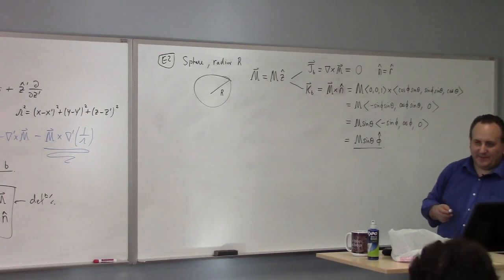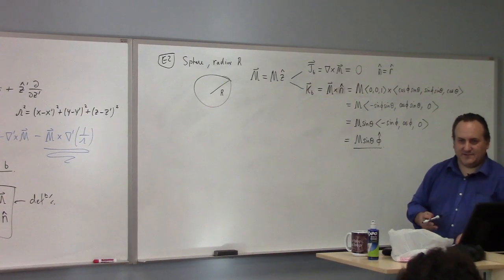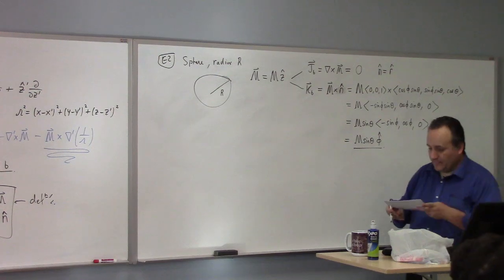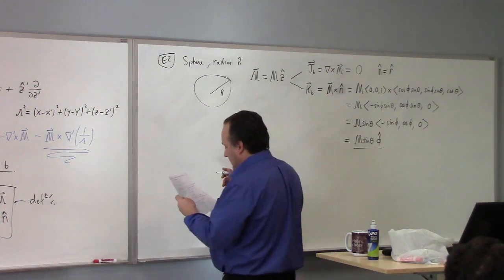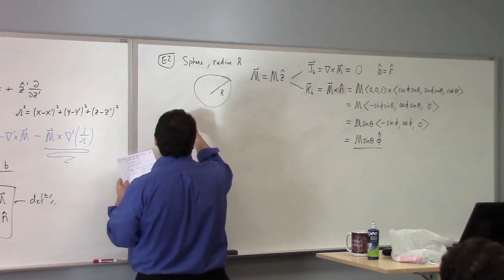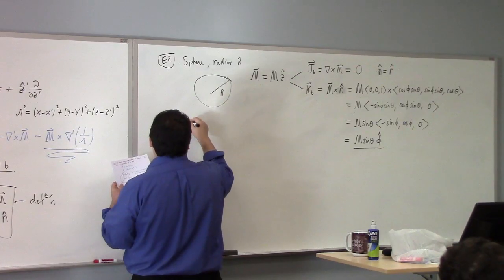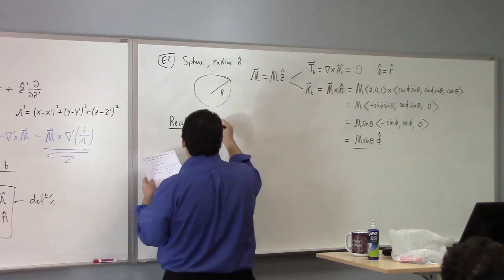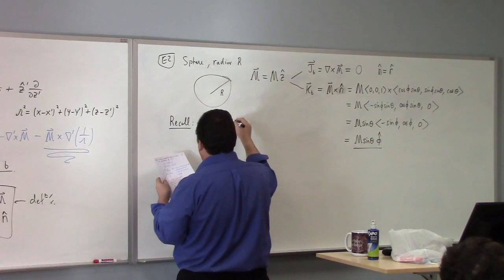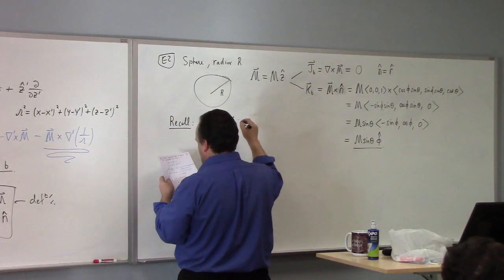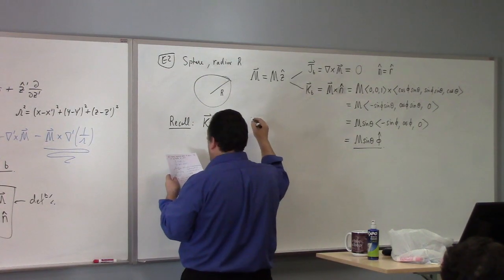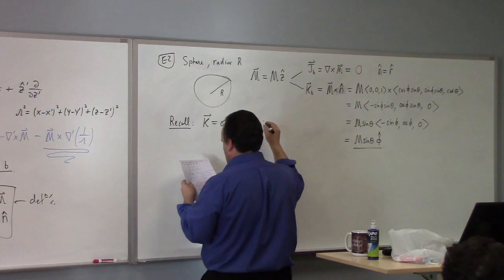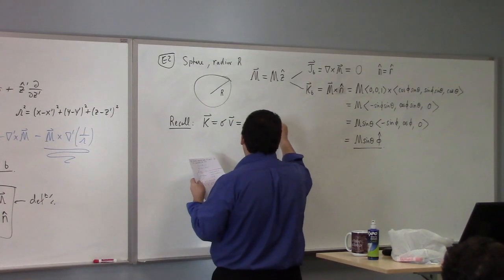I wrote that down last time, but I didn't explain it, and I felt kind of guilty for not going through these details, so there they are. Reminder, we worked the spinning, uniformly charged ball last time, and the surface current there was sigma v, which was equal to sigma omega R sine theta phi hat.